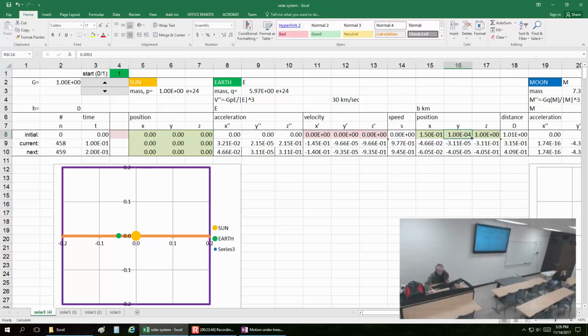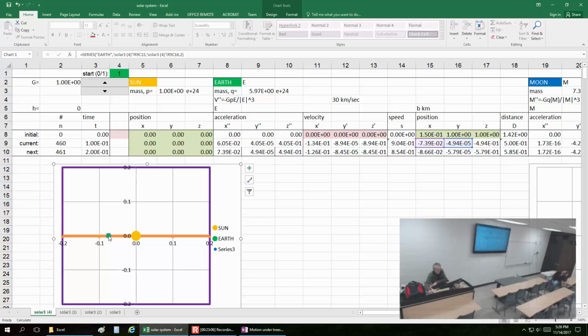So let me try to change this one to 0.1. No. Okay, 1. Stop it. Why is it the y-axis? I don't get it.